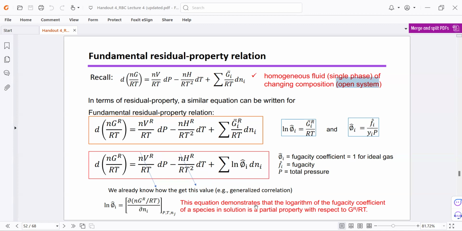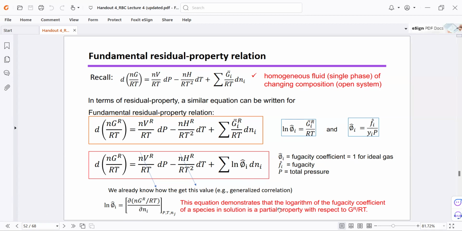So if we now have a constant pressure and temperature and also constant composition for all the species except for i, then we're left with this expression and the last term. So this is going to be ln of phi hat equal to the quantity right here.